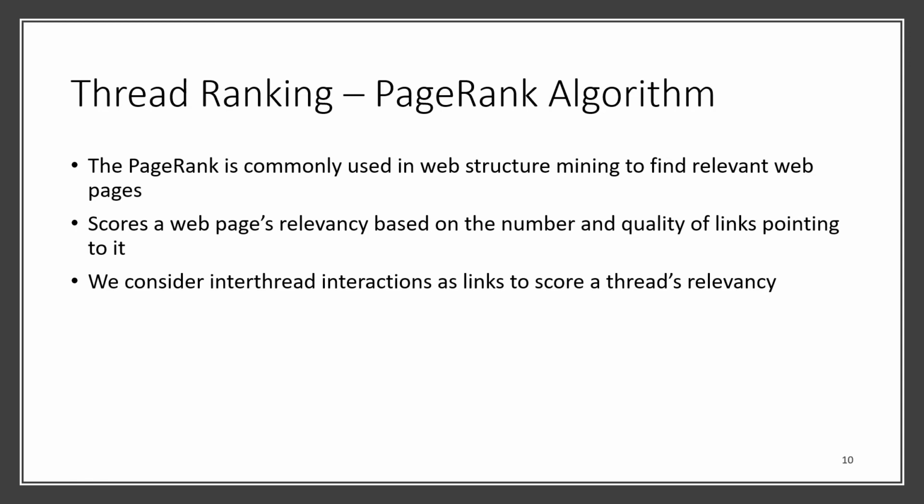So a page that has a lot of highly influential pages pointing to it will get a higher score using the PageRank algorithm. We consider the inter-thread interactions as links and a given thread as a page, and we use those to score each thread's relevancy, and we only include the most relevant threads in a given container when representing that container for the clustering algorithm, which is explained later on.